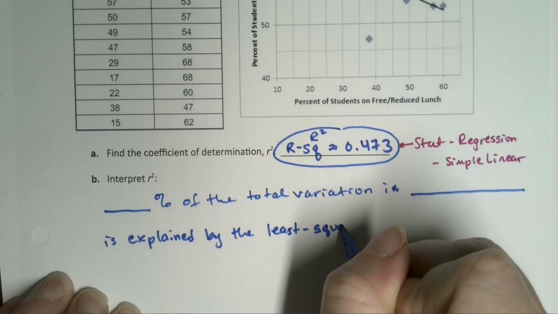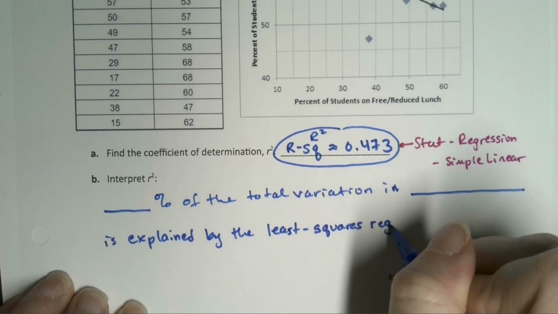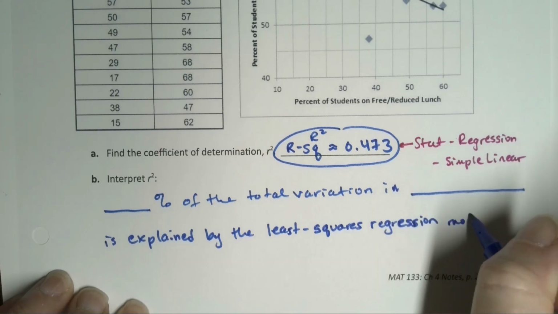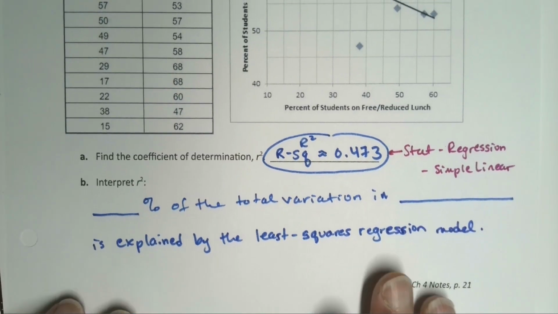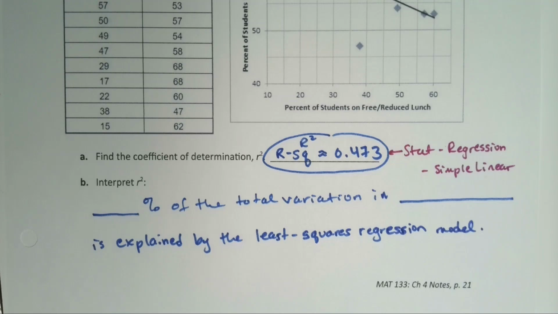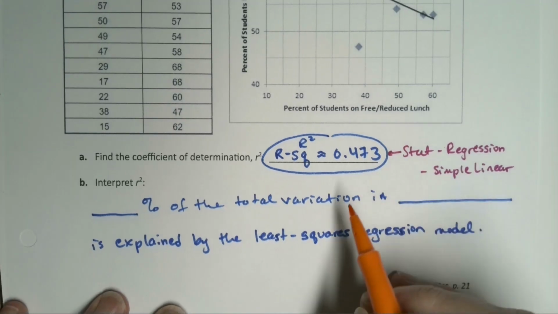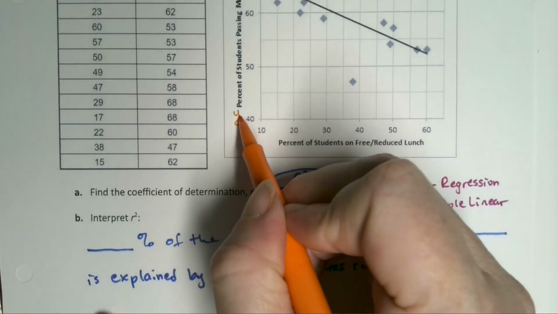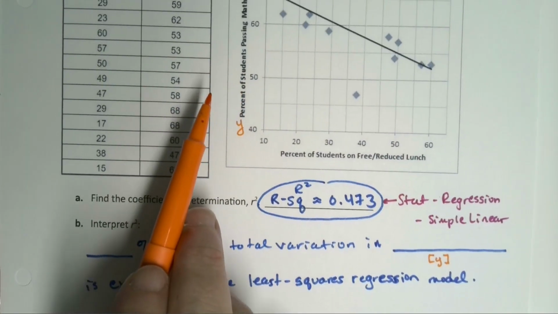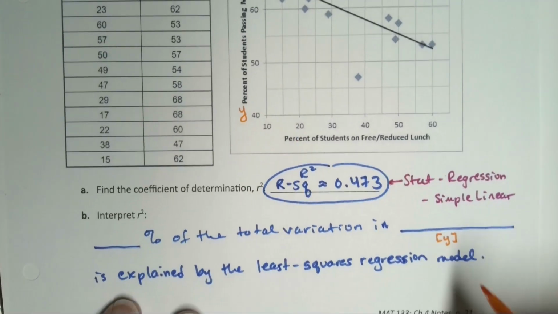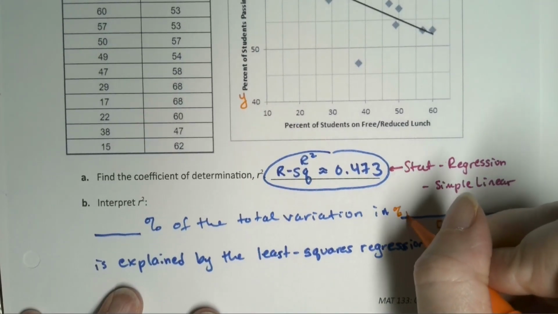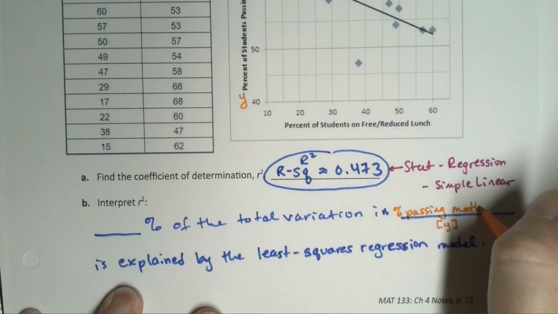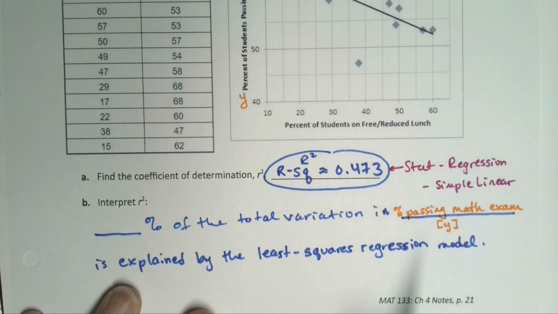This is an extremely rigid script. We do not mess with this script. We are just going to write it. All we have to do is figure out what we're going to put in for our 2 blanks, and we're set. So over here, we're going to write what the y variable was. The y variable is right here. It was the percent of students passing the math test. So we say percent passing the math exam, right there.